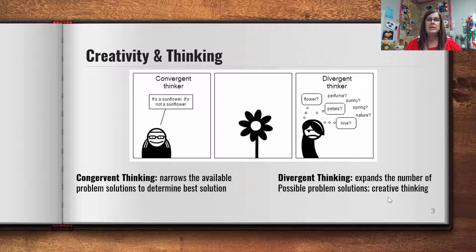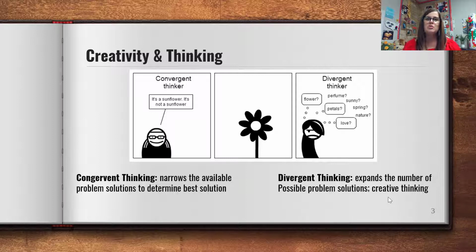And when we think about thinking, we need to look at it sometimes from a creative standpoint. When we think about creative thinking or creativity, there are two terms that correlate with that type of cognition: convergent and divergent thinker.